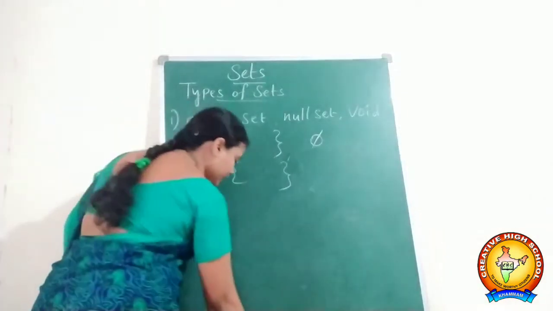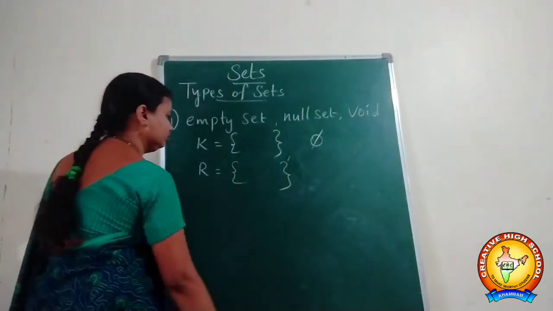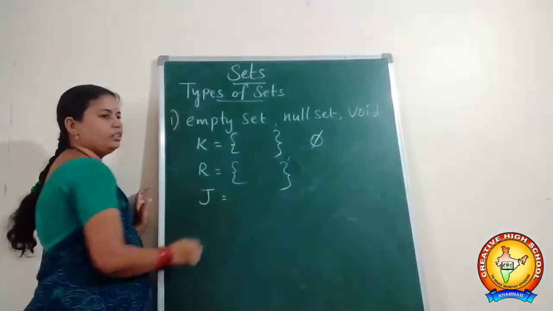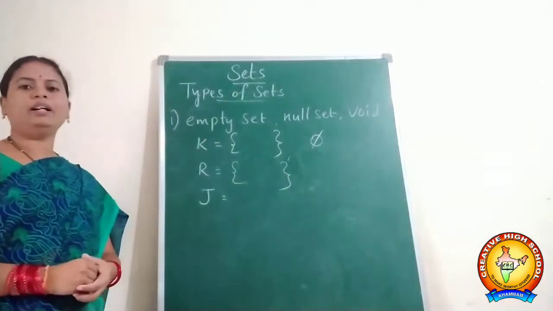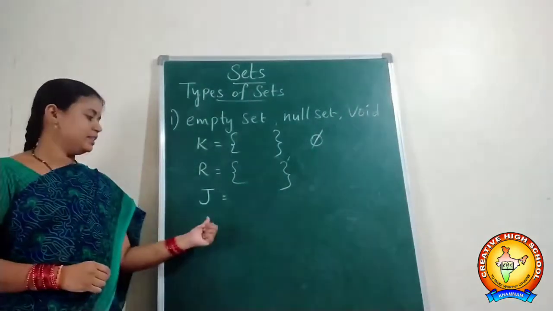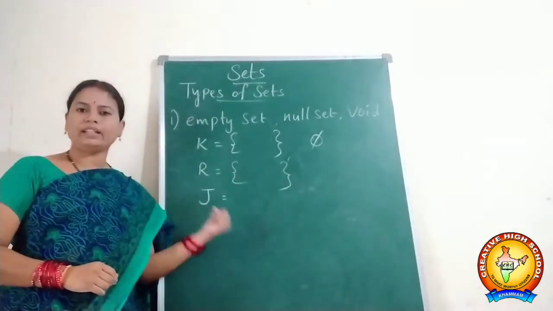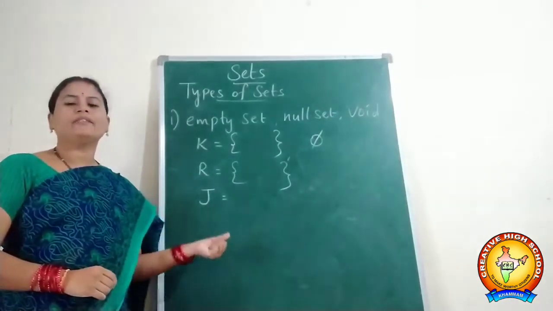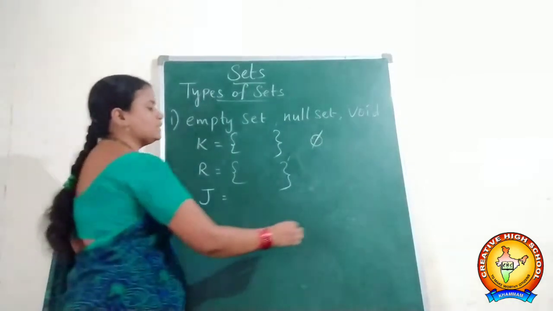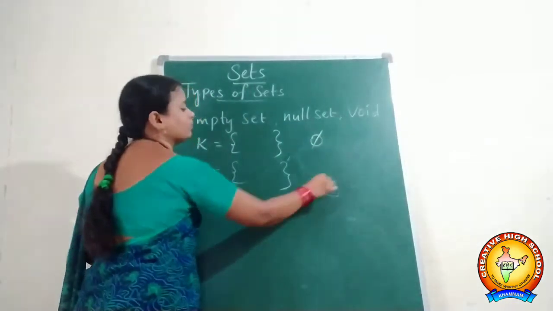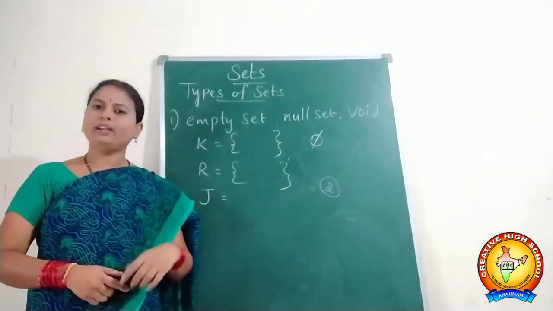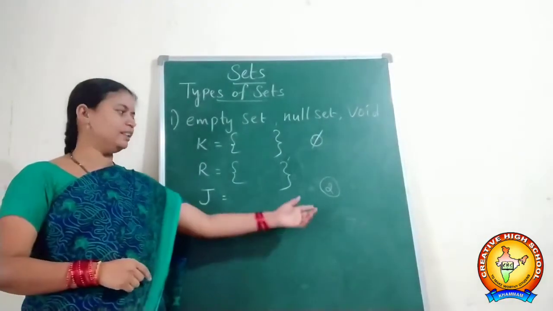Let us see one more example. J is the set of even prime numbers which are greater than 2. We know very well 2 is the only even prime number. There is no prime number greater than 2 that is even, no even prime numbers other than 2.